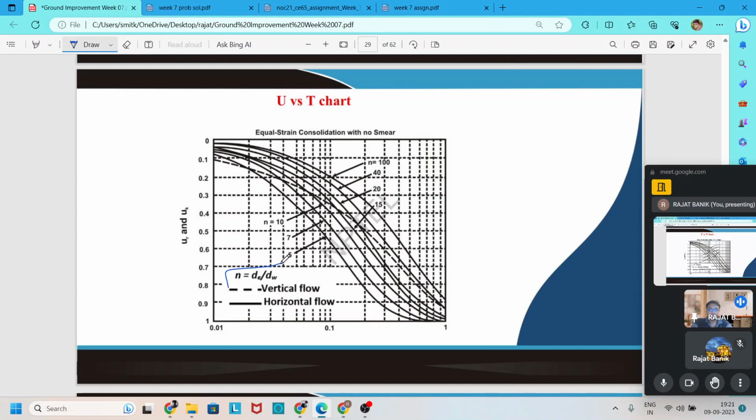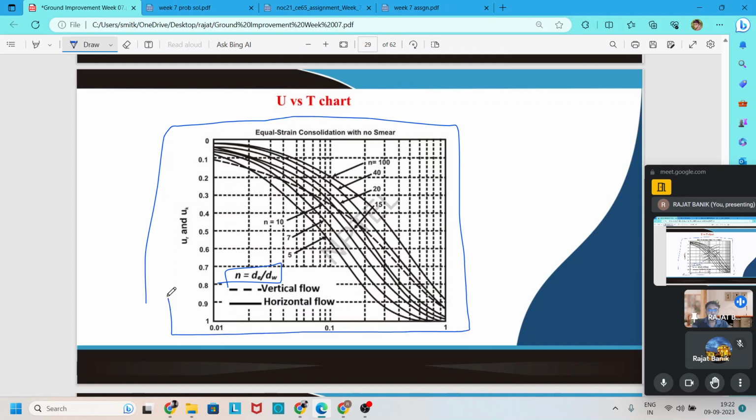And n is defined here as the ratio of the diameter of the influence area to the equivalent diameter of the PVD. So by this graph, we easily find out the degree of consolidation for the radial direction and also in the vertical direction.